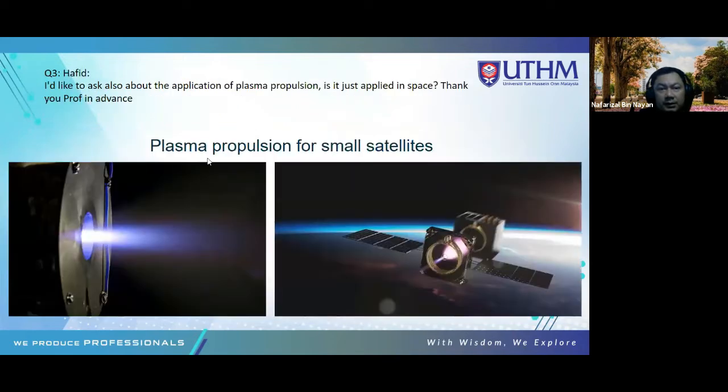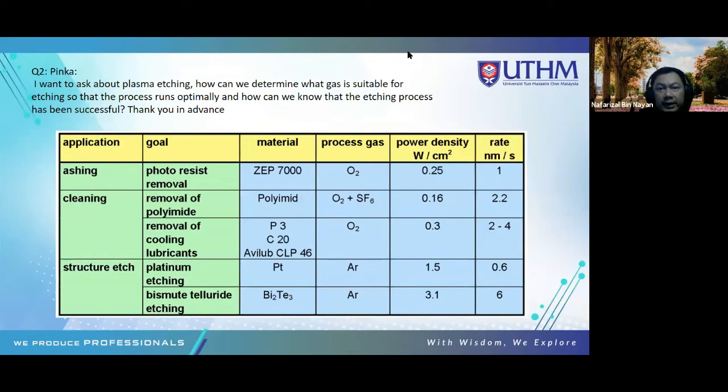Okay, we can also see another example of how we know the material that we want to remove and the gases to use. For most structure etching, if you want to use platinum or some material, we can use argon gas.